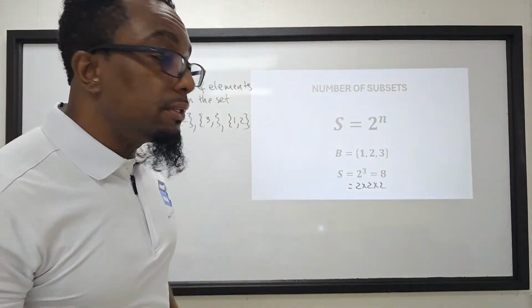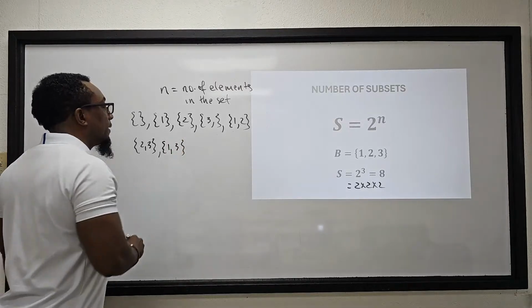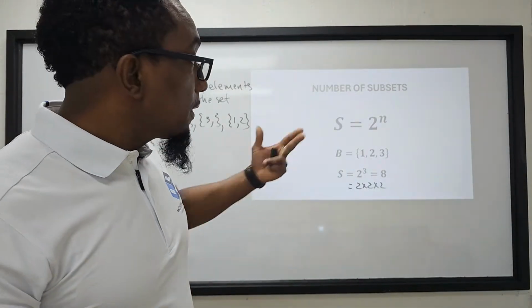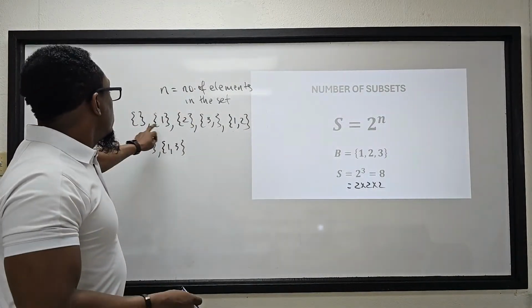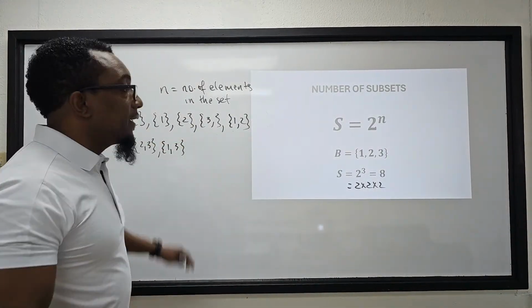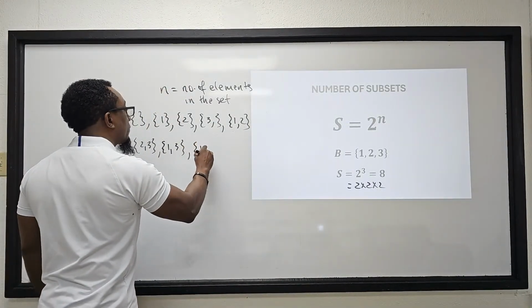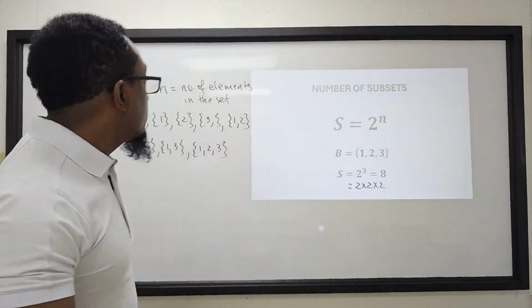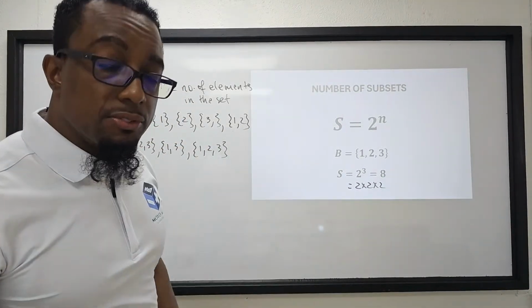We have 1, 3 is also a subset of B. All those elements belong to B. So therefore they are subsets of. So we have 1, 2, 3, 4, 5, 6, 7. And of course your last subset will be set B. So when we count, we have how many subsets here? 1, 2, 3, 4, 5, 6, 7, 8 subsets.